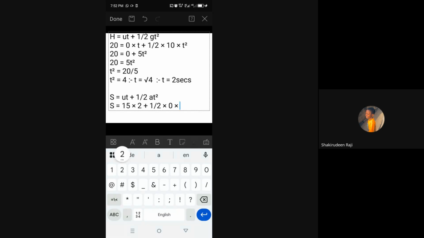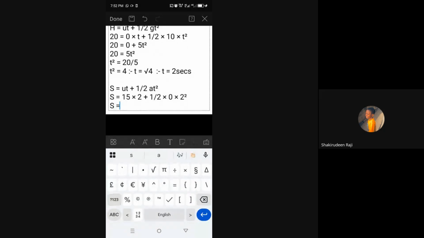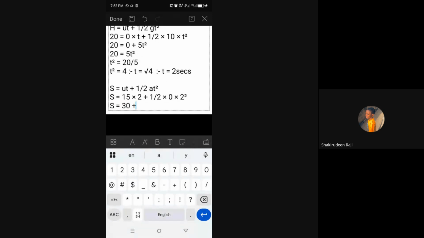So time is still 2 square. Everything at that side will be 0, apart from this 15 times 2, which will give us 30, plus everything here. After the plus, everything is going to be 0, because anything you multiply by 0 will give you 0. So my answer is that the horizontal range they are asking me to calculate, which is S. Once you see range in a question, I've said it before you guys came online: range means distance, please.